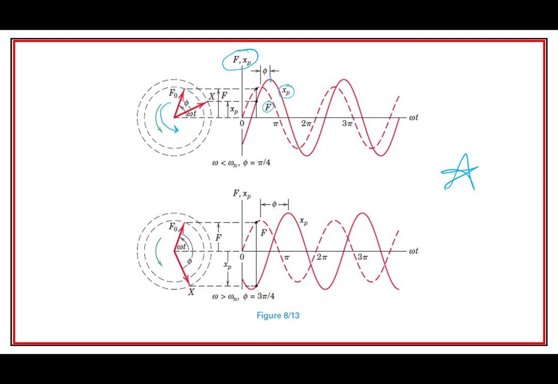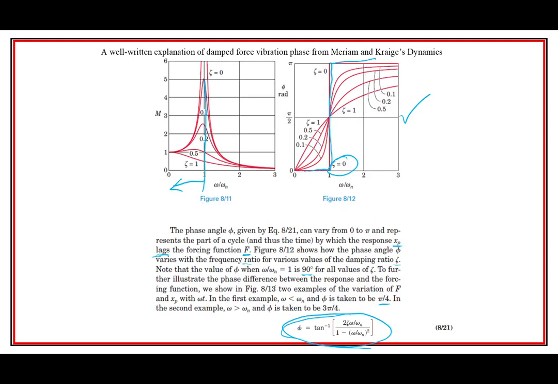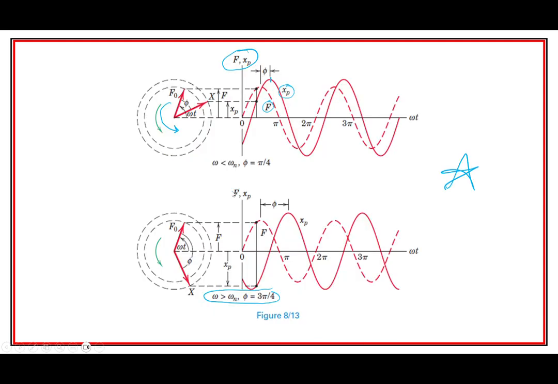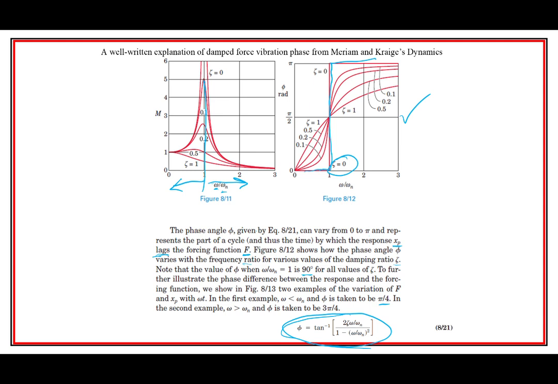But in here, on the right-hand side, omega F is greater than omega N, so we have an R that's greater than 1. Let's see how the words say it right here.